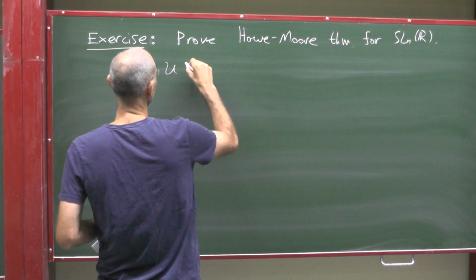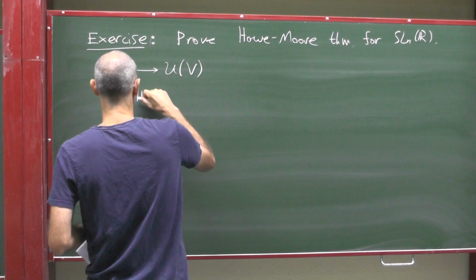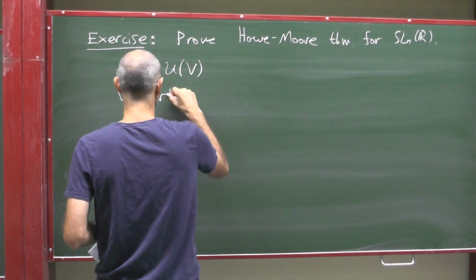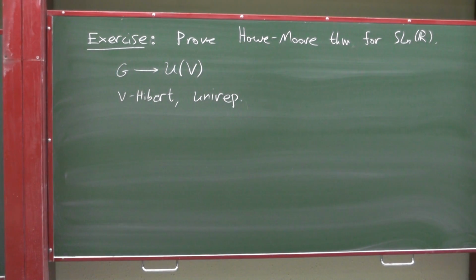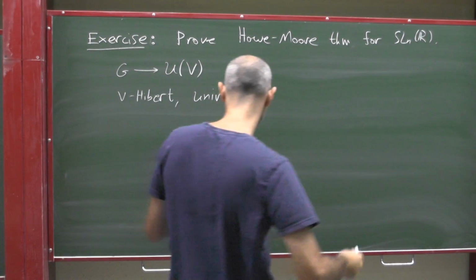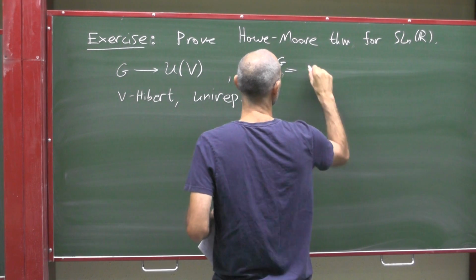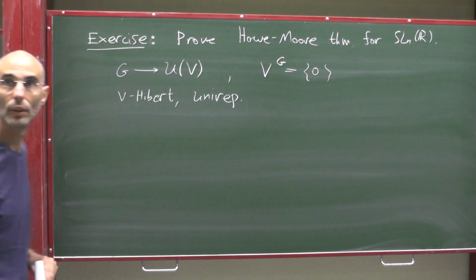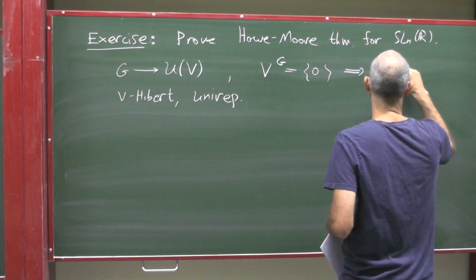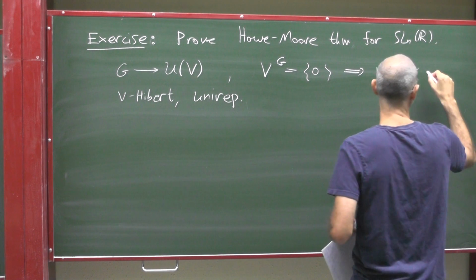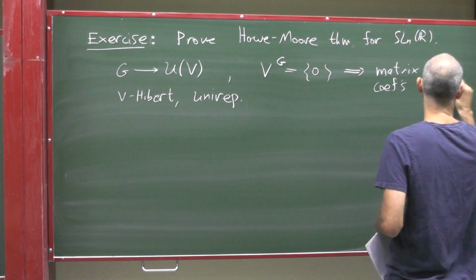If G is mapped to the unitary operator on some V, so here V Hilbert, and this is a unitary representation, and if there are no invariants, no G fixed points, then matrix coefficients, I will explain this if you don't know, go to 0.